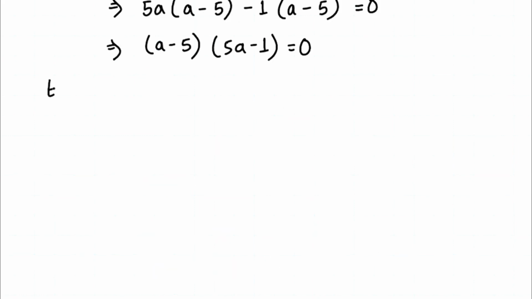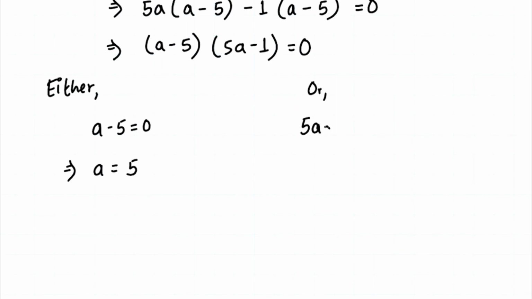Now let's do the either or thing, right? So we have either a minus 5 equals to 0, which implies that a is equal to plus 5, right? Or we have 5a minus 1 equals to 0, which implies 5a equals to plus 1, or you could say a equals to 1 divided by 5.